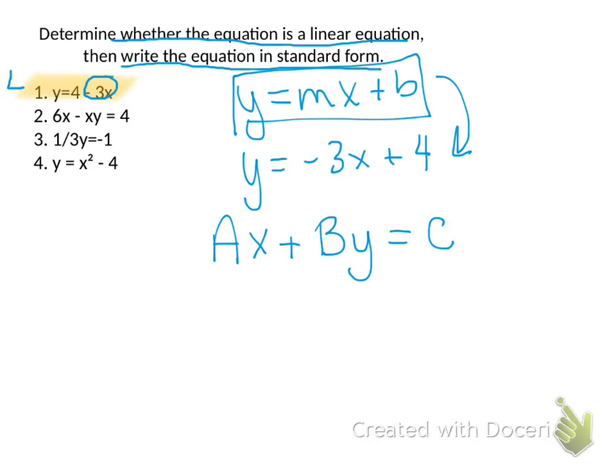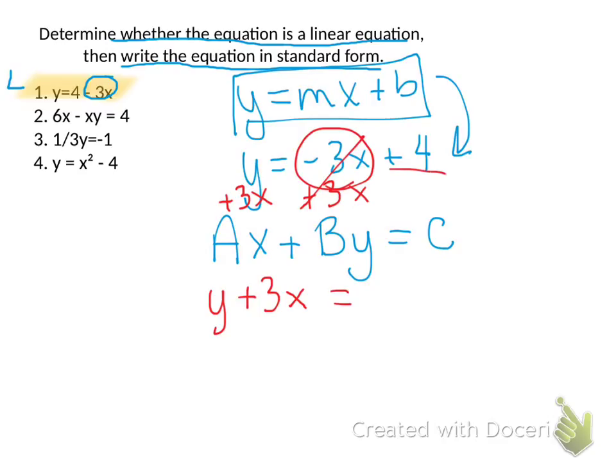Alright, so we need to get this 3x over to the other side. How can we move that to the other side? Well, we can simply add 3x. It eliminates it from that side, and it moves it over to the other side. So we've got y plus 3x there on the left side equals, all that we have left, 4.